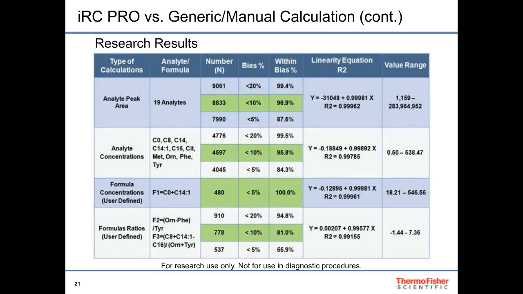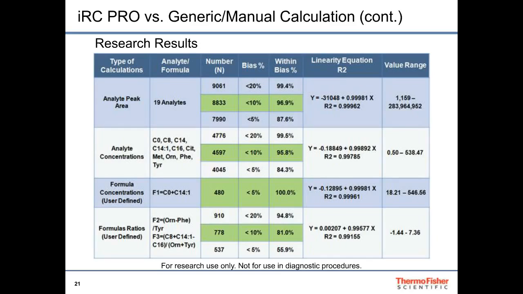These are typical validation results of our IRC Pro method that processed results from thousands of injections of specimens containing the analytes shown here. Out of 9,120 peak areas, almost 88%, that would be this part here, had a bias of less than 5%.